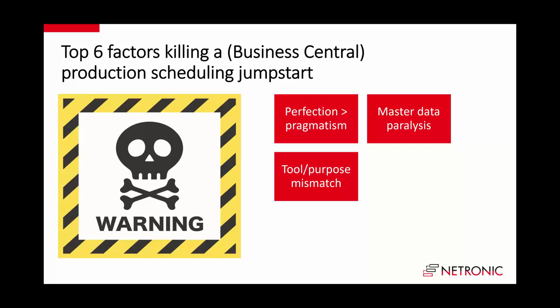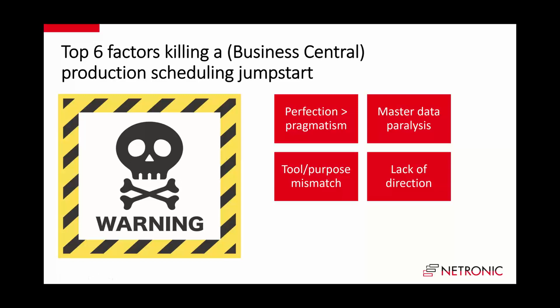If you don't get this aligned, you may think you're running a scheduling effort, but you use the wrong tool, or you use the right tool but apply it for the wrong purpose. So there must be a match between the purpose that you have and the tool that you go for.